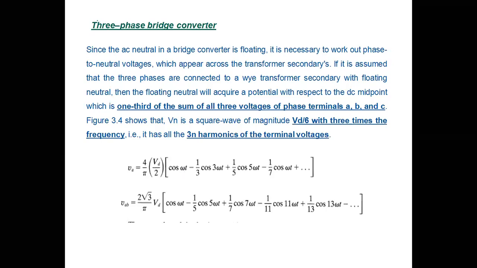For VC, we are considering omega t plus 240 degrees or minus 120 degrees. So VA, VB, VC are expressed in terms of these harmonics, because they are square waveforms, remember. They are not sinusoidal, okay?